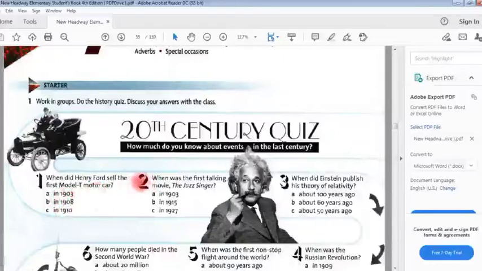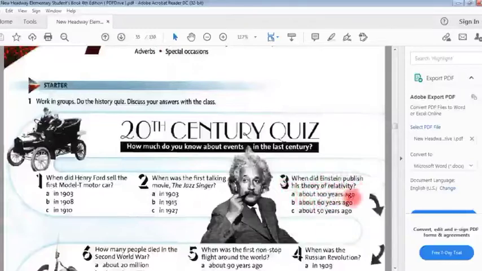2. When was the first talking movie, The Jazz Singer? A. 1903, B. 1950, or C. 1927. 3. When did Einstein publish his theory of relativity?